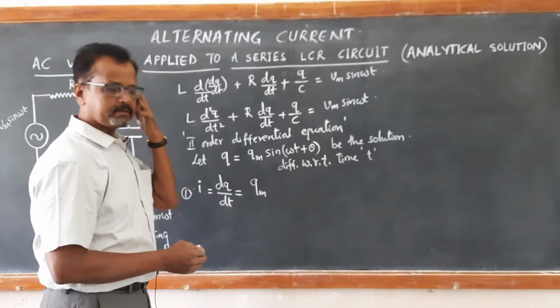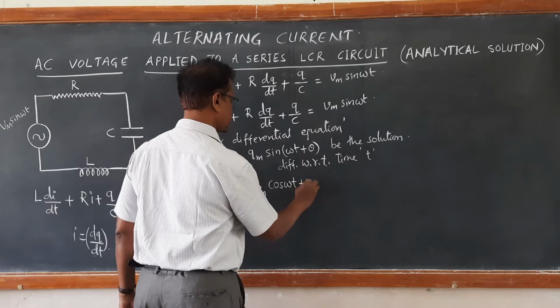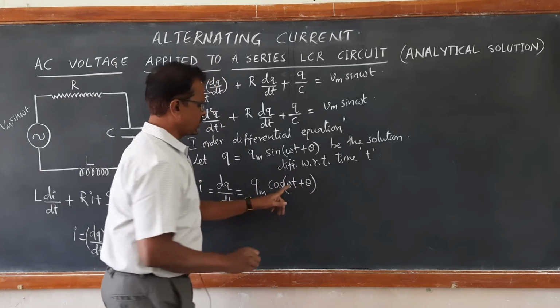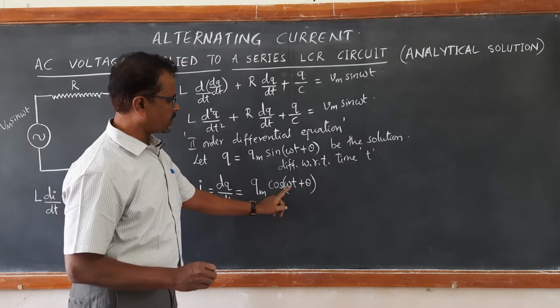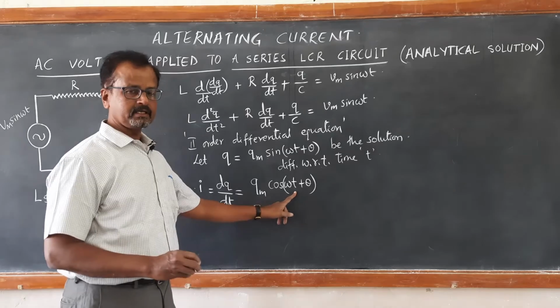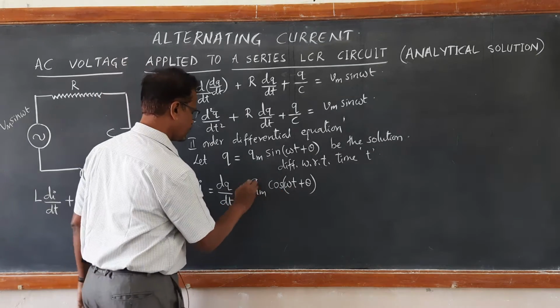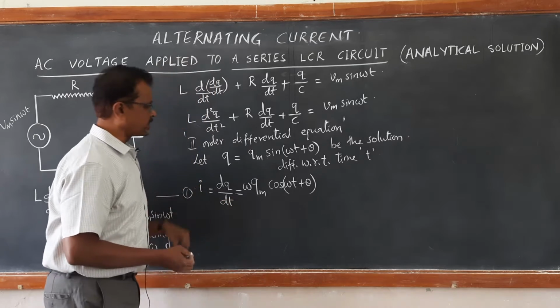Differentiation of sin omega t becomes cos omega t plus theta as it is, and since omega is multiplied with t, differentiating omega t gives omega. So you will get omega Qm cos omega t plus theta. This is the equation for current.